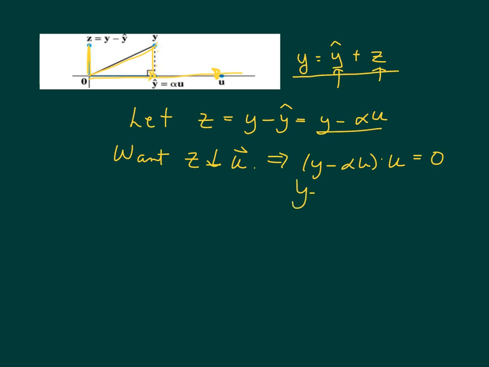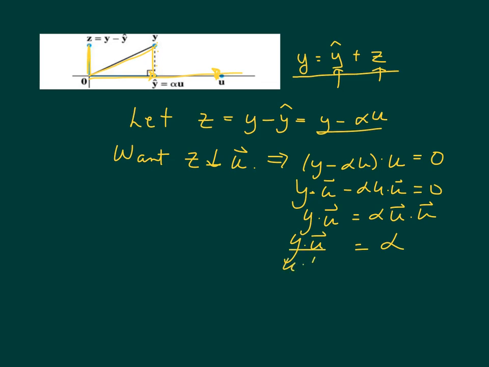And so that means y dot u minus alpha u dot u is equal to 0. And so we get y dot u equals alpha times u dot u. And solving for alpha, we get y dot u divided by u dot u.